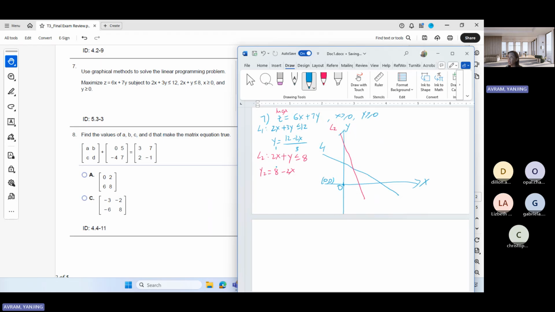So this will be less than. So if I plug a 0 in, 0 less than 12, yes. So this one will be under here, okay, and only in Q1, right? And then the second one, 0 less than 8 is true. So the intersection will be only right here, okay?